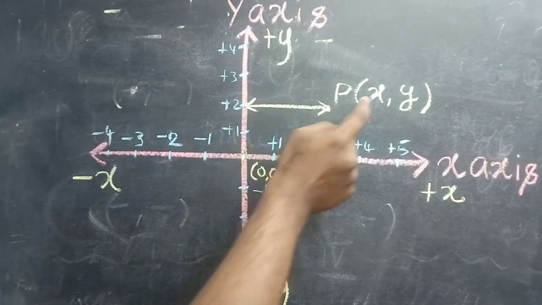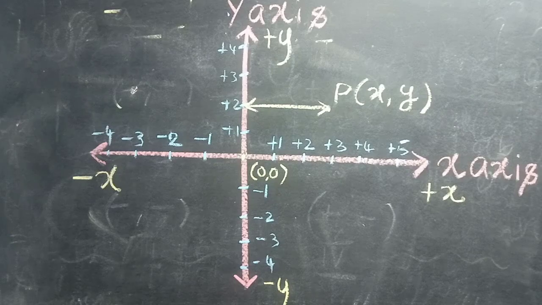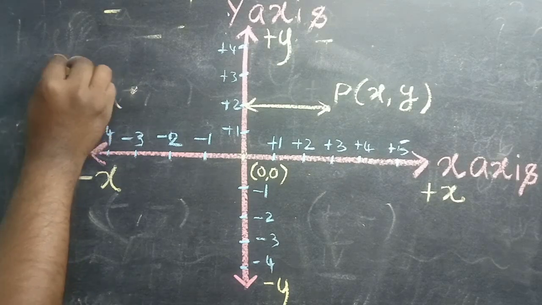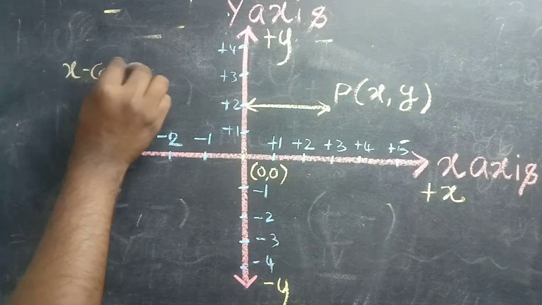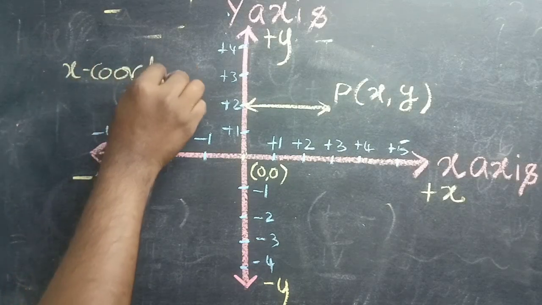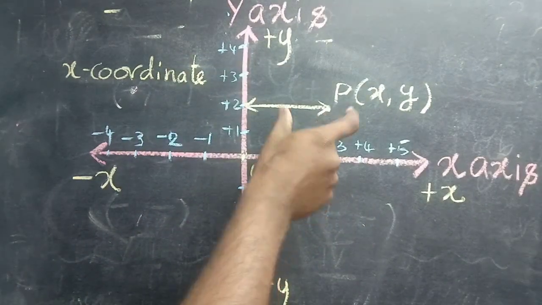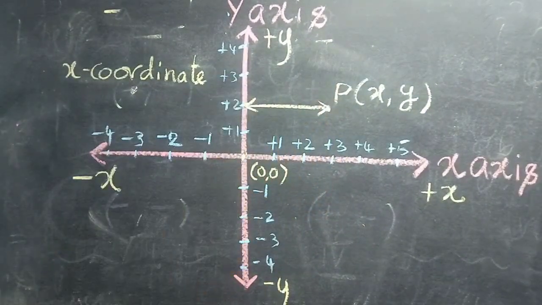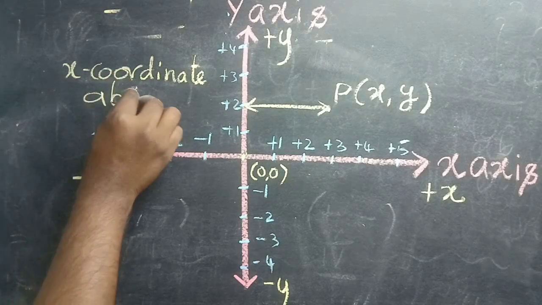The distance of this point P from the y-axis is called the x-coordinate. The distance of the point from the y-axis, we call that the x-coordinate or abscissa.